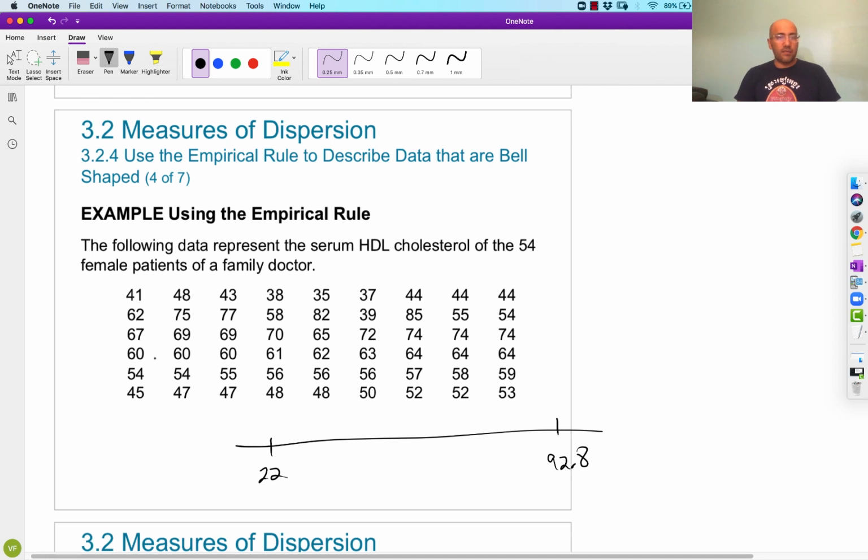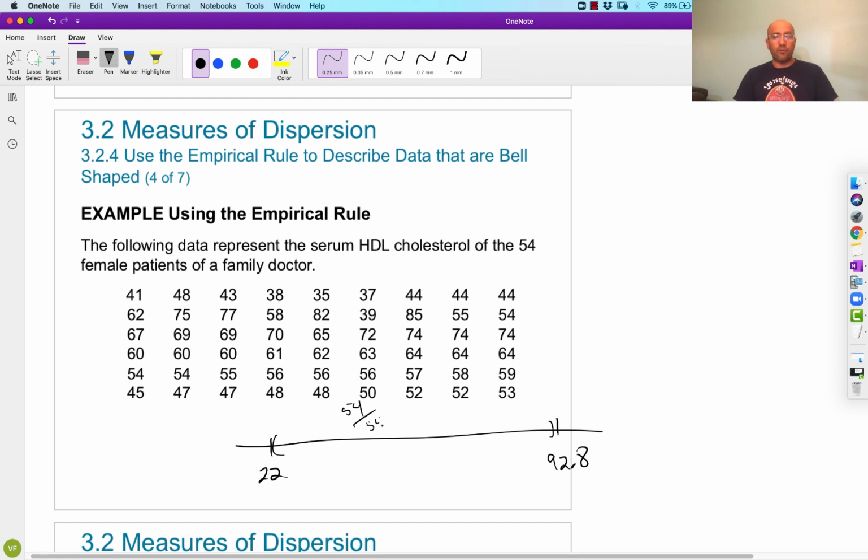And I think in this case they all do. Anything below or above? No, not there. Below or above 92? No. Below or above, below or above, nope. Okay, so here's a case where all of them, all 54, are in this range between here and here.